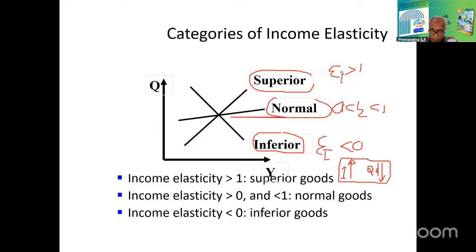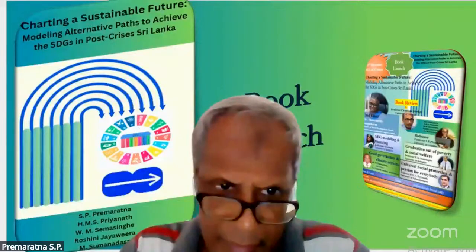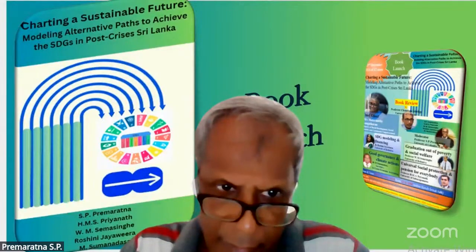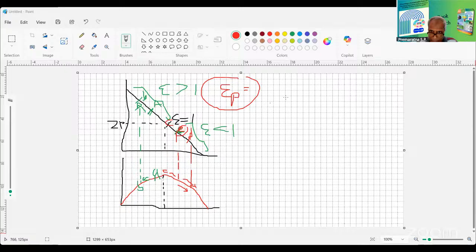Now, taking this point, in this income elasticity concept, the relationship between income and demand, we draw a curve like this, like a normal demand curve.